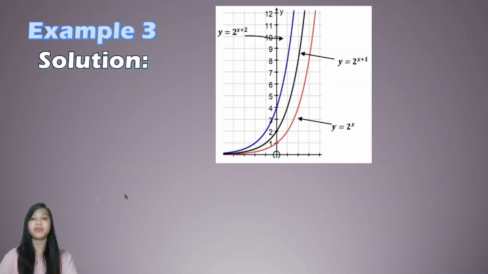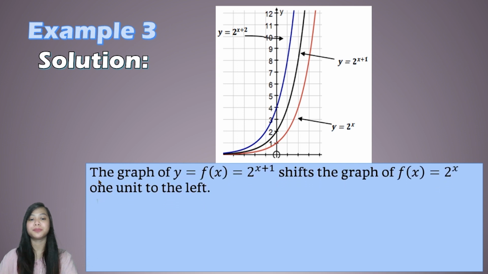And these are the remarks for these graphs. We can say that the graph of f of x equals 2 raised to x plus 1 shifts the graph of f of x equals 2 raised to x 1 unit to the left.